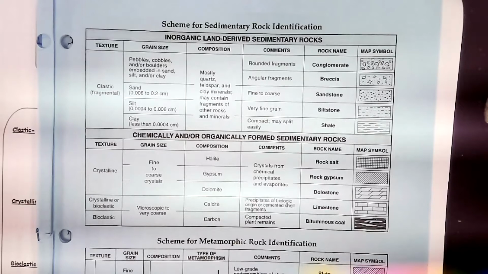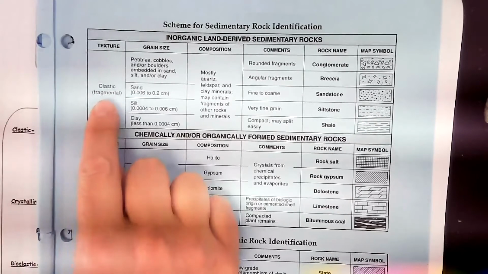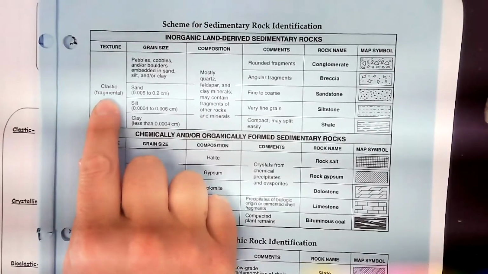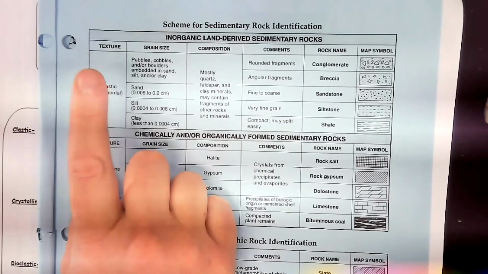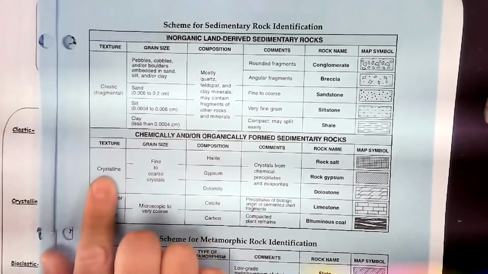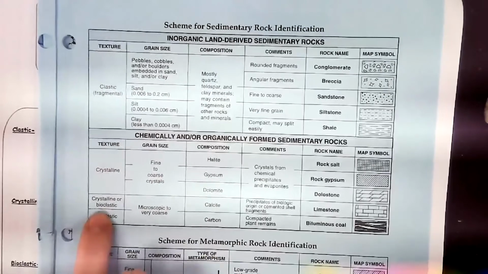But clastic should be a brand new word for you. However, they do give you a hint. In parentheses underneath it, it says fragmental. So what are they made out of? Fragments. These are fragments. These are crystals.